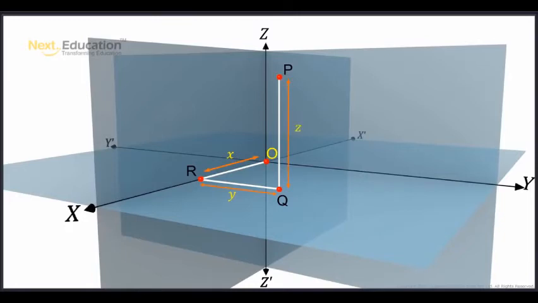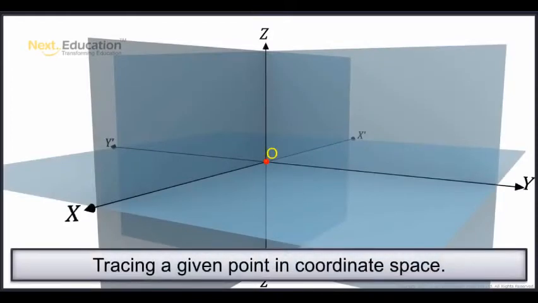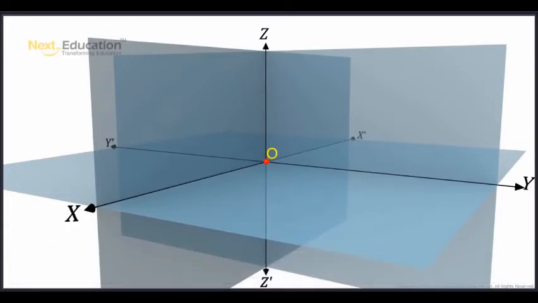If we are given the coordinates of a point then we can trace the point as shown. First, we will identify a point, say R, on the x-axis, which is at a distance x from the origin.